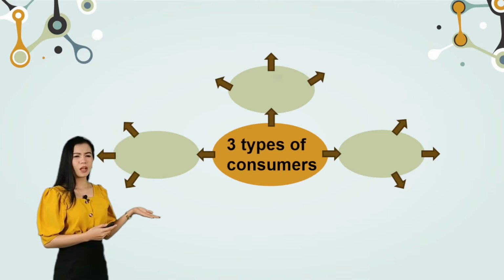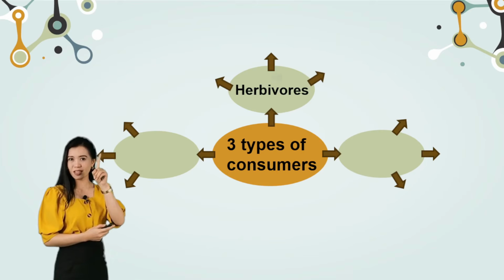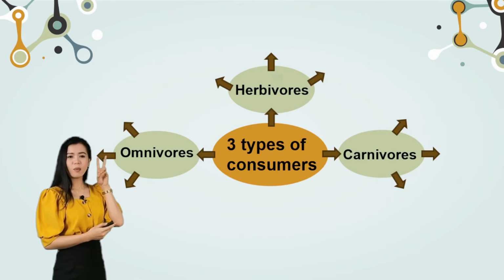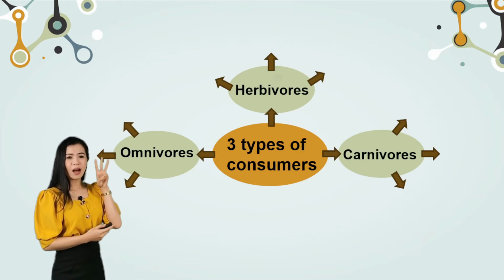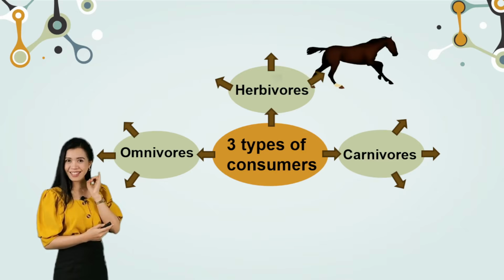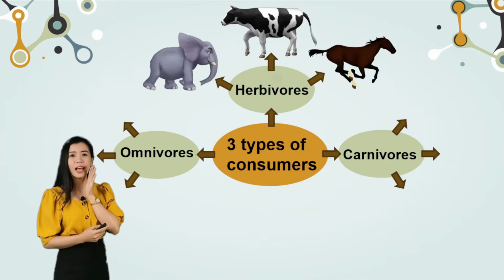There are three types of consumers in the food chain. What are those three types? First, we have the herbivores. Second, the carnivores. The third one is the omnivores. What animals are considered herbivores, that eat only plants? These are horses, cows, and elephants.